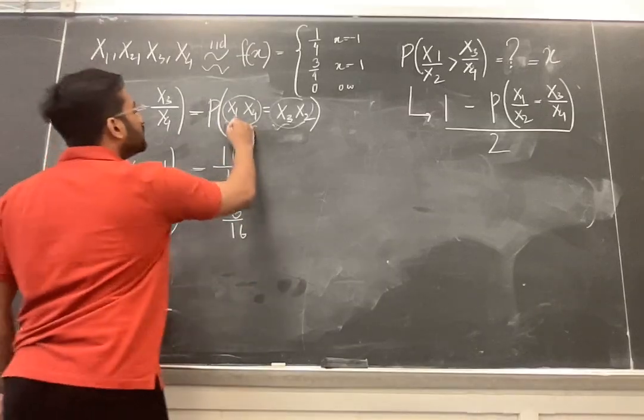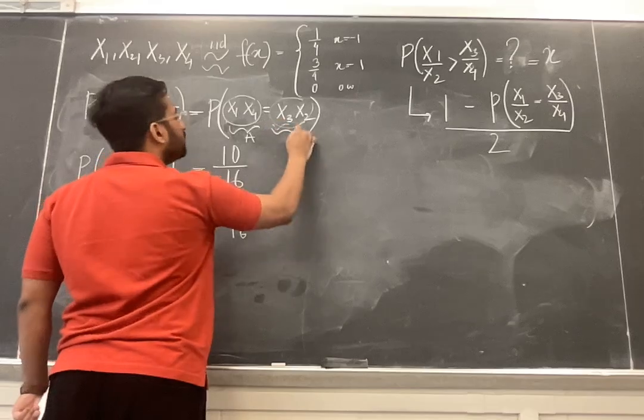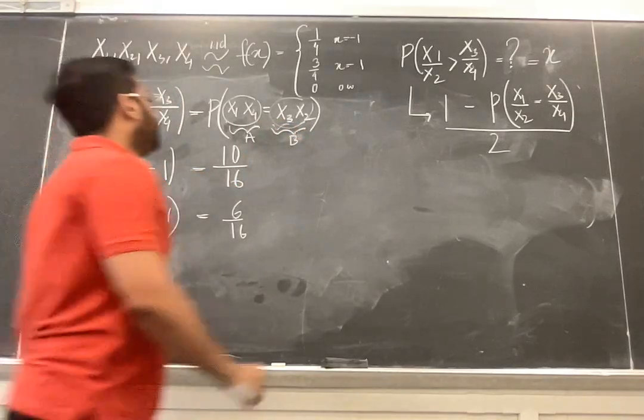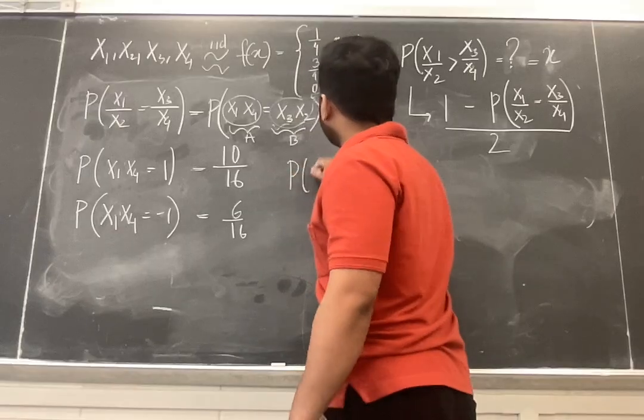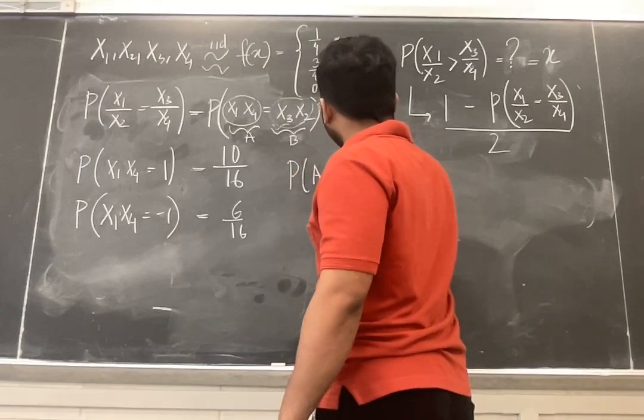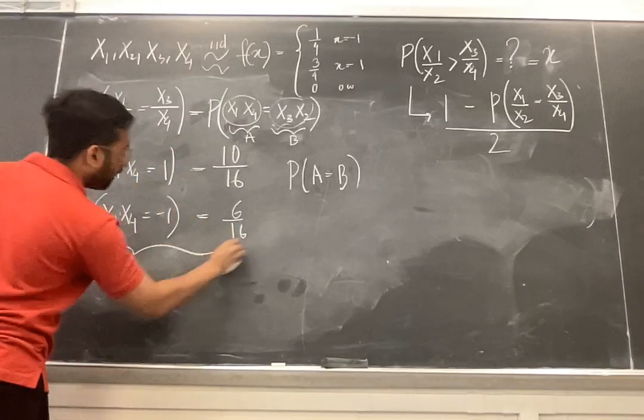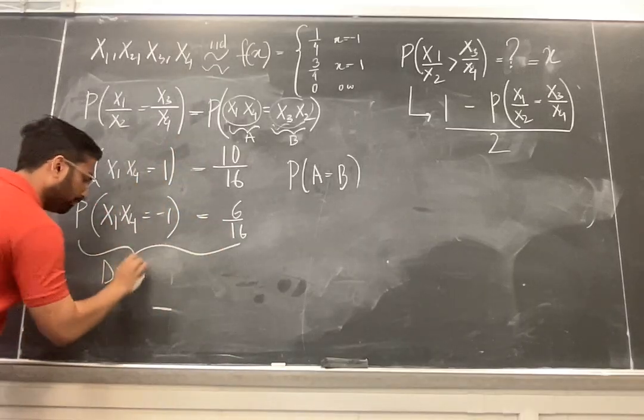So let's call this A and let's call this B. Probability of A equal to B. So we have to find probability of A equal to B. And A and B both follow this distribution.